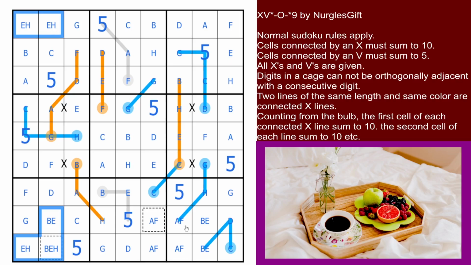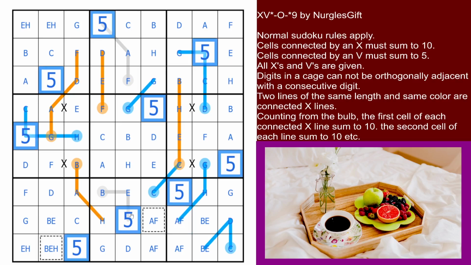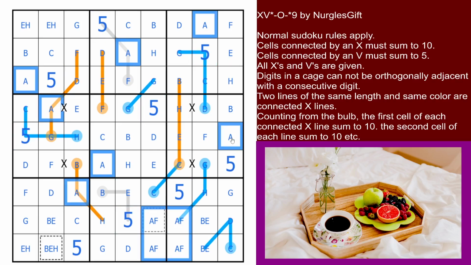B, B, F, F. Is it coloring of F? I don't think so. All the fives are done, right? Okay, maybe I'm just clicking everything and now checking.